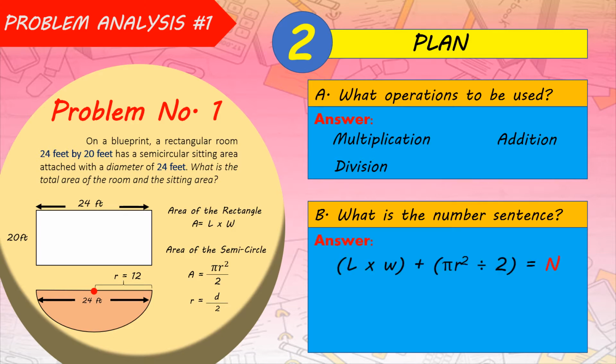So we will have length times width plus pi r squared divided by 2 is equal to n. This illustrates that the area of the rectangular room will be added to the area of the semicircular seating area to get the total area of the room and the seating area.